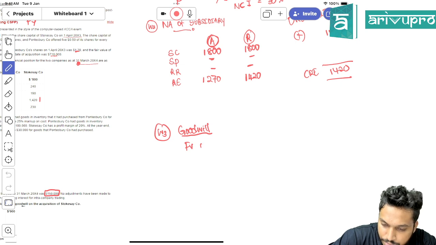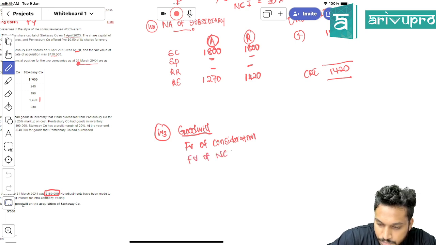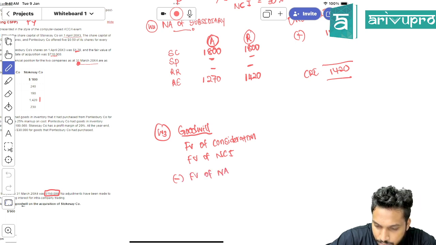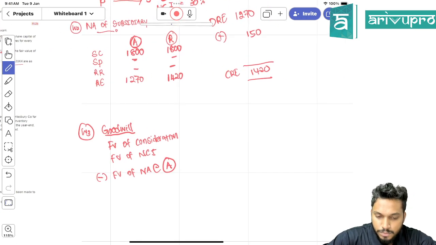Fair value of consideration, then fair value of non-controlling interest, and reduce the fair value of net assets at acquisition or reporting? At acquisition. Right.